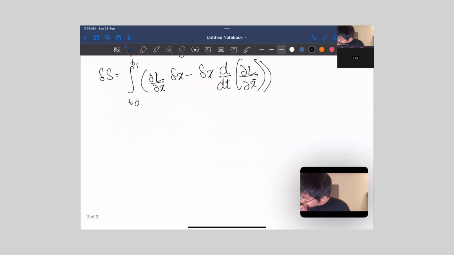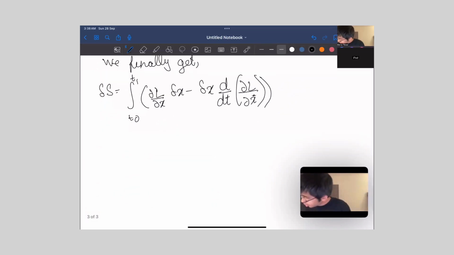Now, from this, it's not hard to spot the Euler-Lagrange equation. So from this, we can actually directly get what we want. Again, I'm not doing classical mechanics over here, so I won't be very thorough with the introduction to classical mechanics, but just doing it as a review.